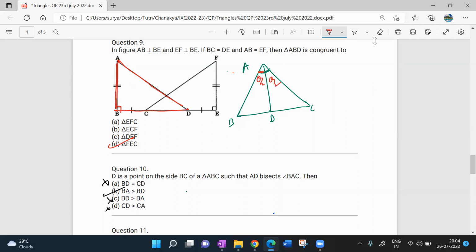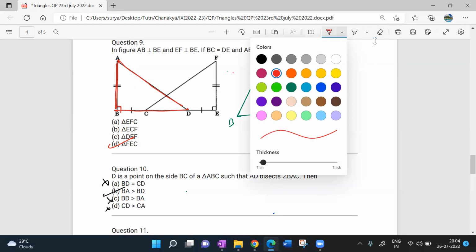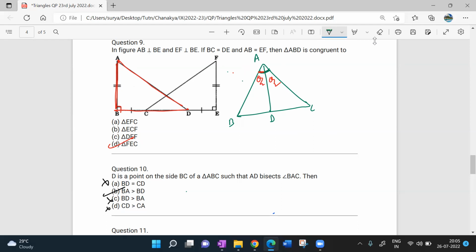I mean, this is angle A, right? Yes, sir, angle A. So this is A by 2, and this is also A by 2.